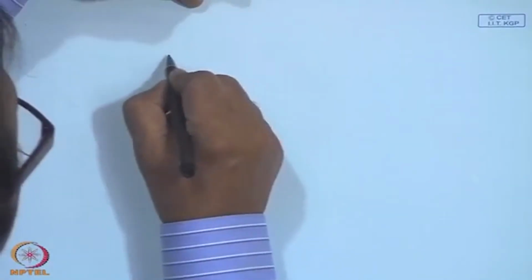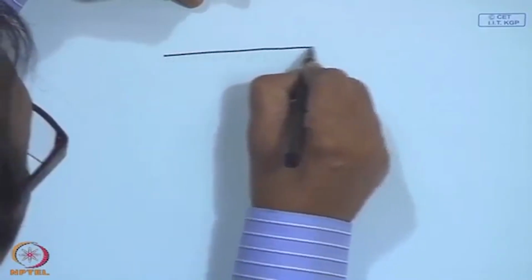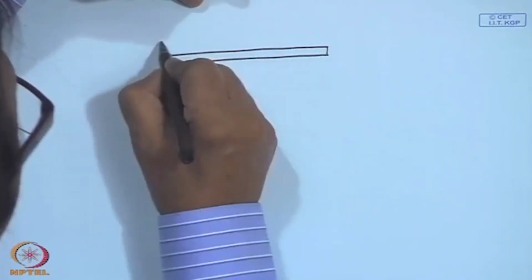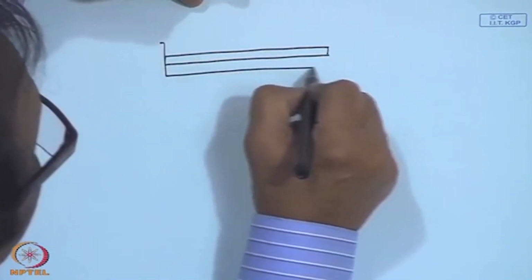So, the configuration that we have considered is a duct in a box and then one glass cover.